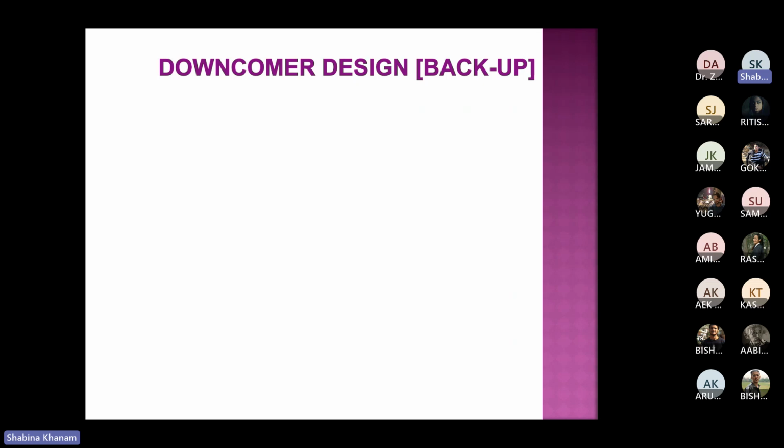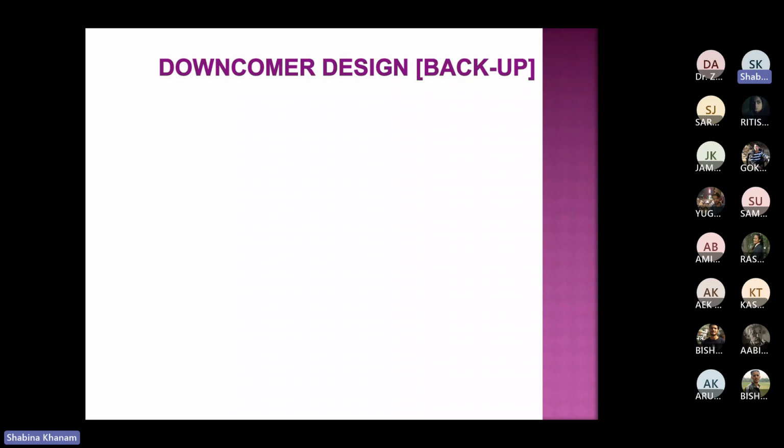One is to consider the fouling and flooding, and secondly to have better vapor and liquid disengagement in the downcomer, because vapor should not come to the lower plate through liquid.